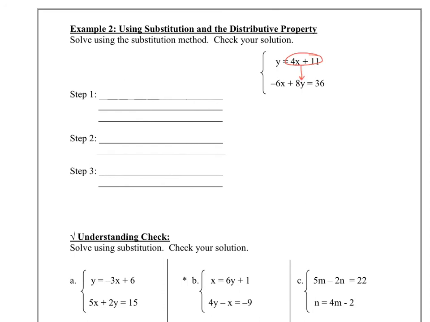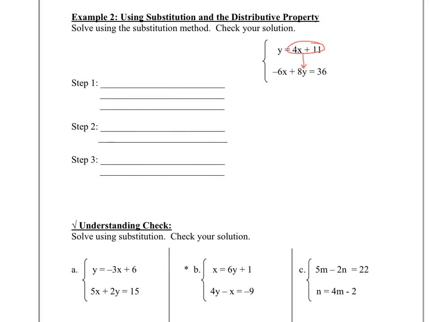So when you substitute, step 1 is going to be substitute 4x plus 11 in place of y. But it's going to be 8 times whatever that is. Because right now it's 8 times y.